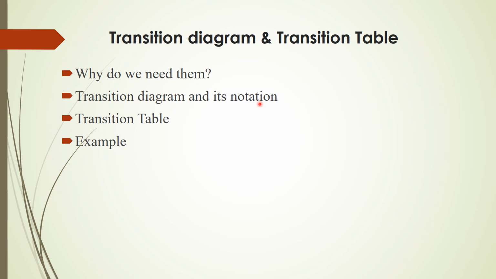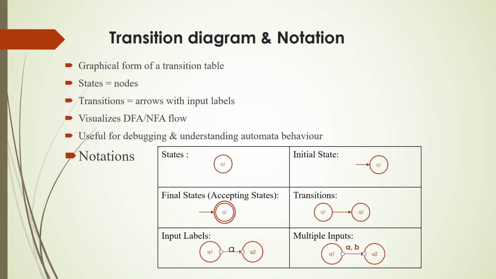To understand the transition diagram, move forward with the next topic, the transition diagram and its notation. A transition diagram is nothing but a graphical version of your transition table. Each state is shown as a node and transitions are arrows labeled with an input symbol.